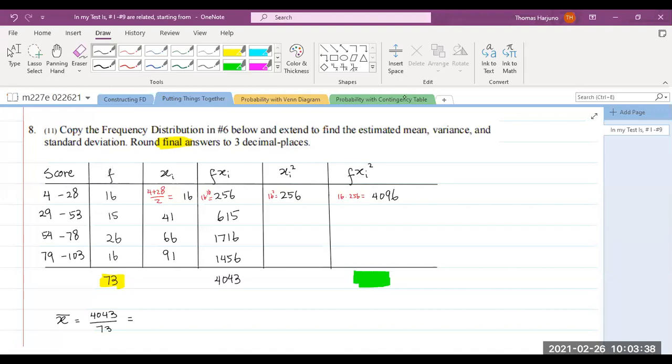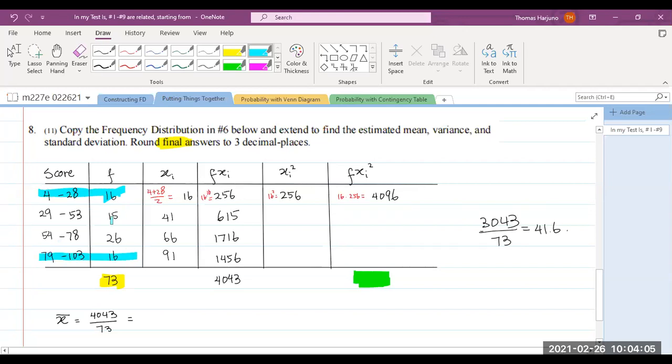Okay. Now, you may wonder about this. Thomas, earlier you wrote 3,043. You didn't find anything wrong with that. When you divide by 73 and you look at your calculator, then you see something wrong. How do you figure it out? This is how I figure it out. Notice that this frequency distribution is approximately symmetric, right? And we have more numbers here compared to this.